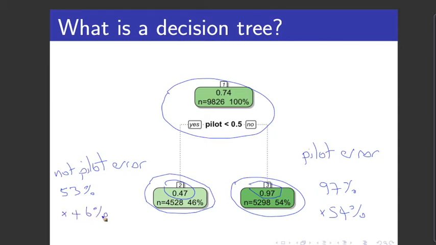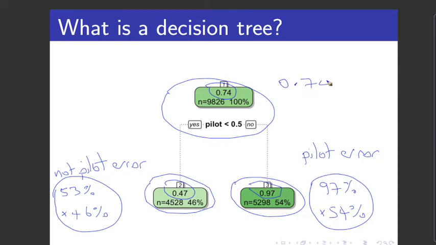So your overall accuracy is going to be 0.97 times 0.54 plus 0.53 times 0.46. Whereas had you not made any splits at all, and you were still at the top level, the only thing you could do at the top level was to predict that every accident is due to pilot error, in which case your accuracy will be 0.74.